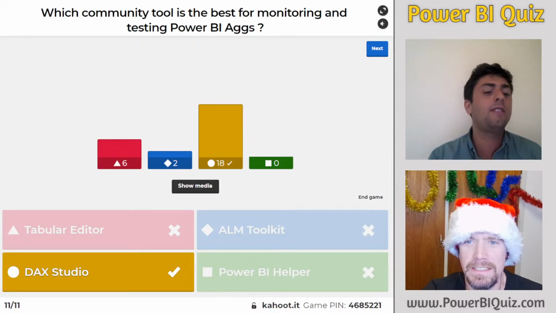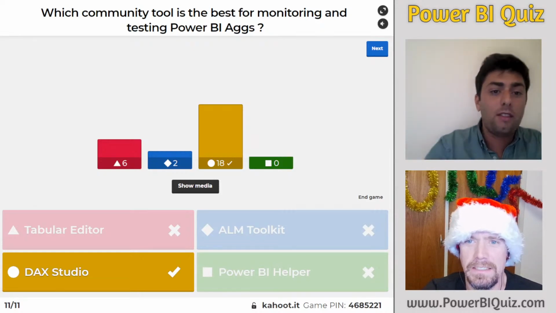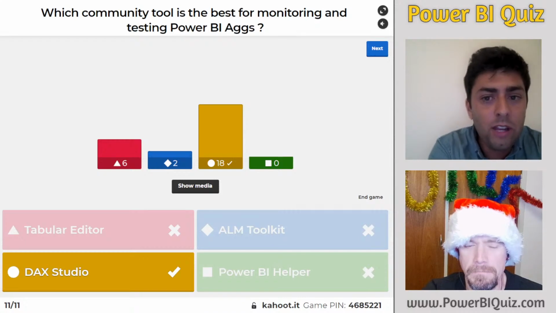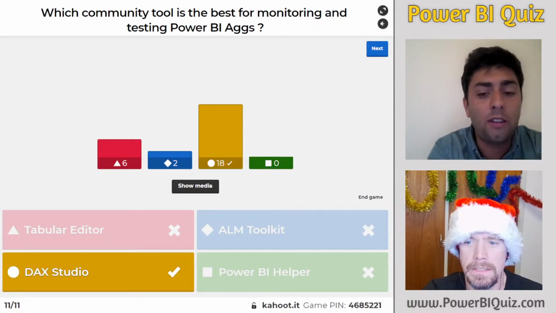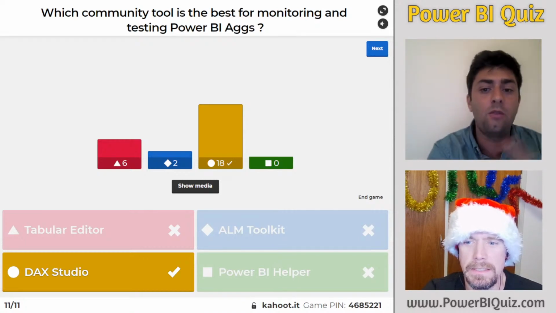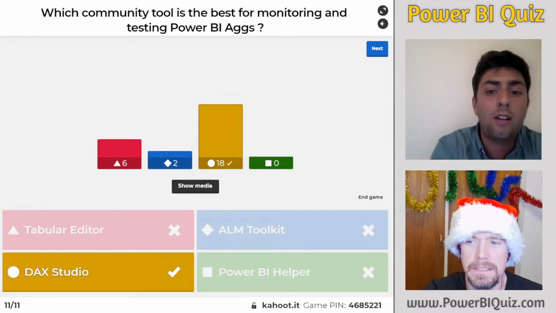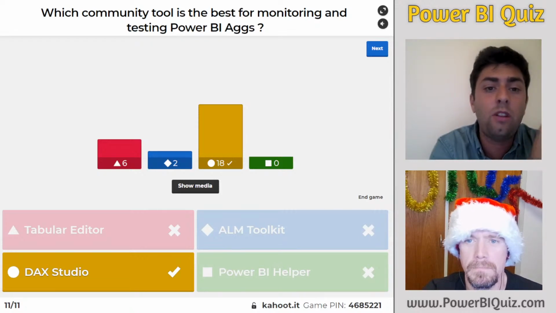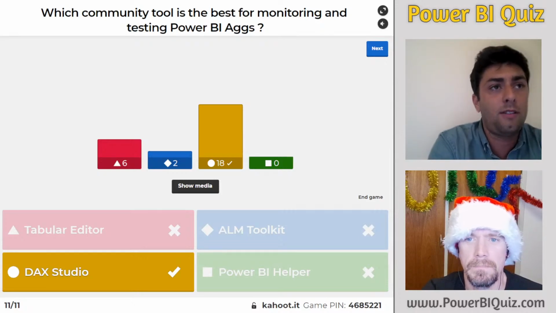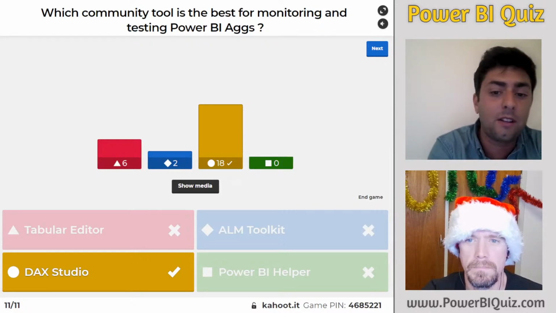Yes, the answer is DAX Studio. With DAX Studio, you can actually do two things. You can monitor your performance, and you can compare what is the actual query plan and what is the actual performance of each DAX query. And you can do another thing, which is really great. You can actually see whether aggregations are hit or not.